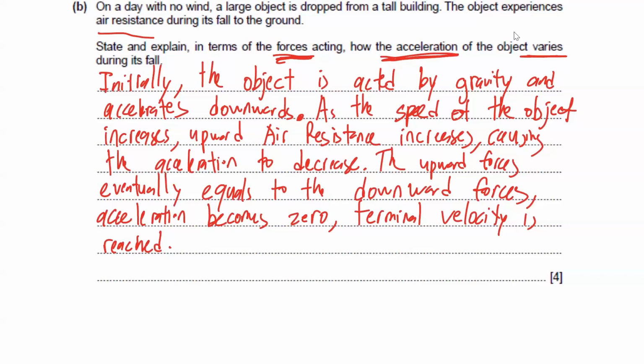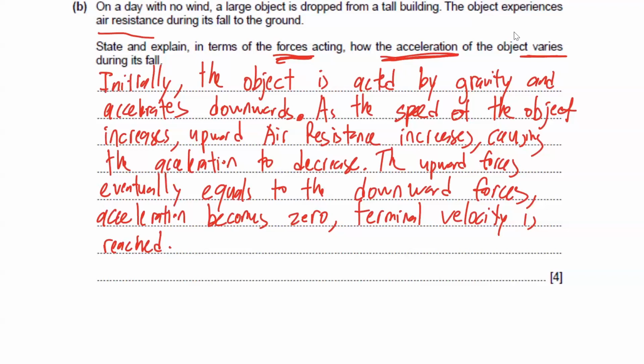What happens here? If an object falls, the acceleration due to gravity is roughly 10 meters per second squared, so each second the speed increases. But in this scenario, it's falling with air resistance. If the object is falling with air resistance, there will be an upward resistance that slowly increases as your speed increases.